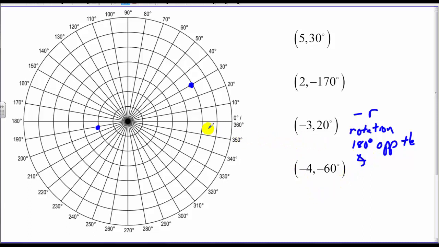So in this case, if I were to go 3 out and 20 degrees up, it would put me here. But because I have a negative 3, that says rotate an extra 180 degrees, which puts me 3 out and at 200 degrees. So once again, this is like (3, 20 plus 180).